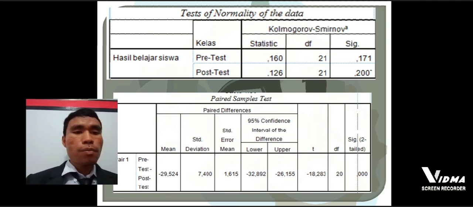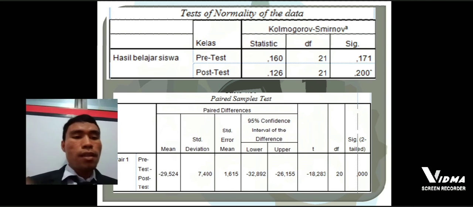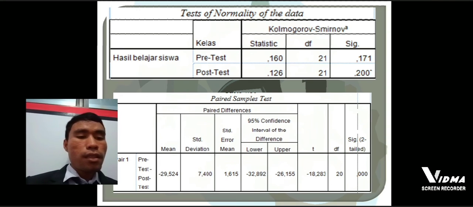Next, paired sample t-test. In this table, the t-count of the paired sample t-test is 18.283 and the significance of the paired sample t-test is 0.000.